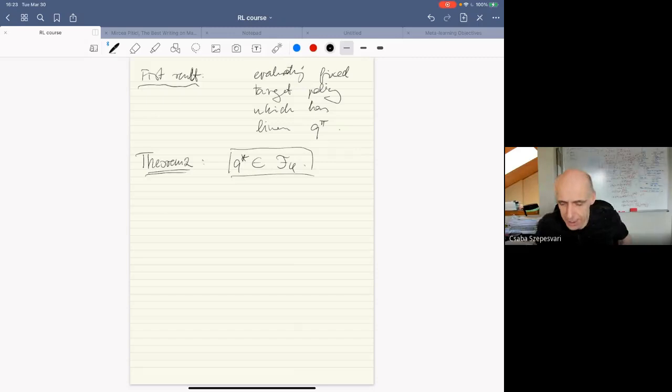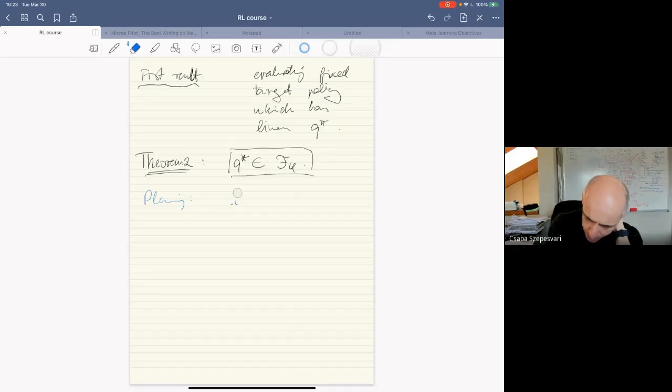So in the active case, we already had a negative result, and it was of this form: planning needed 2 to the power of omega of the smaller of d and h. So it was an exponential lower bound of this form. And I didn't do the proof for the discounted setting, but you can get the same for the discounted setting.